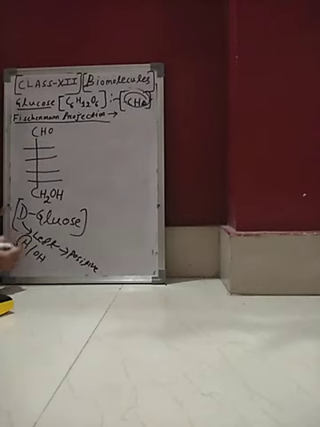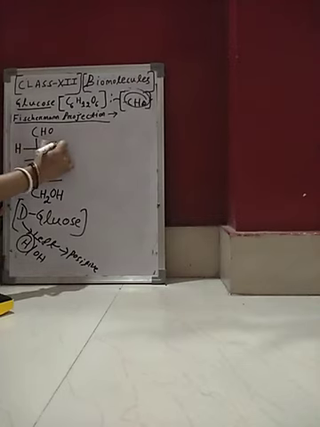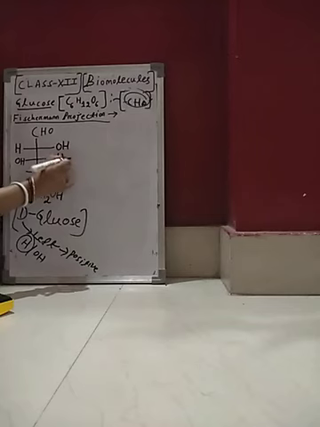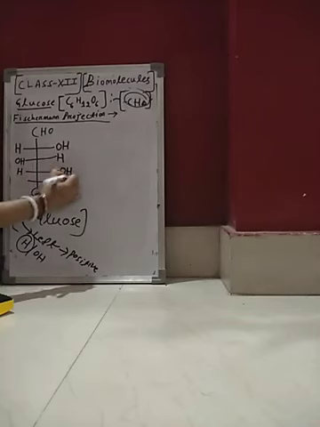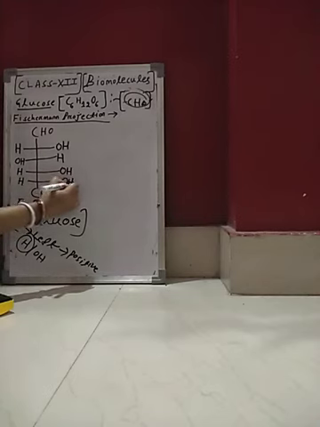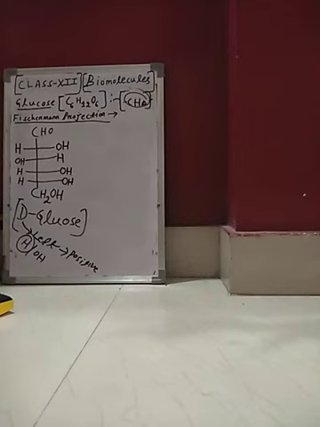So in this case, the positive is hydrogen. You have to put hydrogen on the left side, H here, OH. Then you reverse it, OH, H. Again you reverse it, here H, OH. And at last it remains the same, H, OH. Clear? So this is the structure of D-glucose.